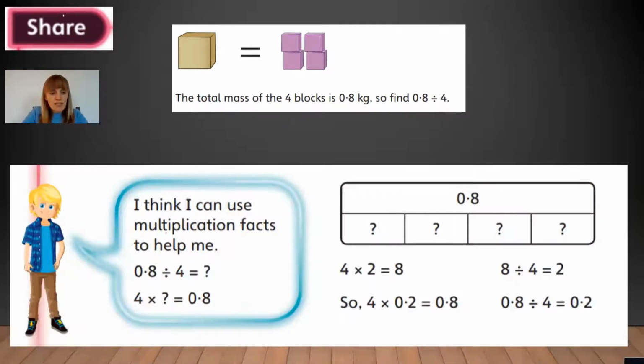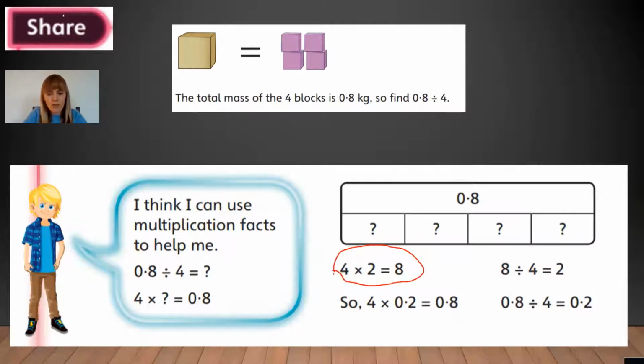Now, this boy here said he thinks he can use multiplication facts to help him. So 0.8 divided by 4 equals what? Or he's looked at the inverse, thinking, what do I have to times by 4 to give me 0.8? Now over here is the most important bit, our known fact.